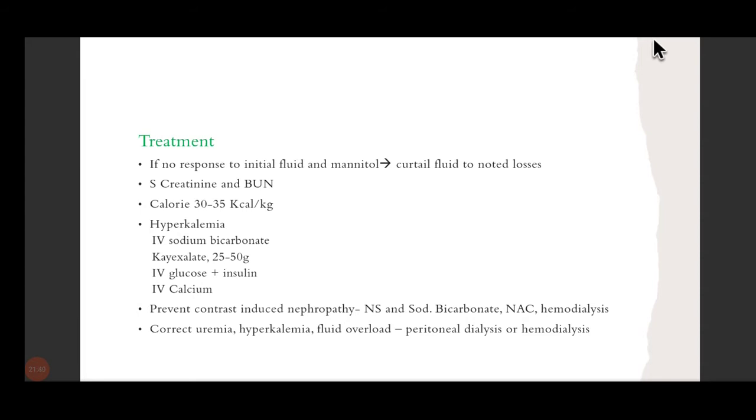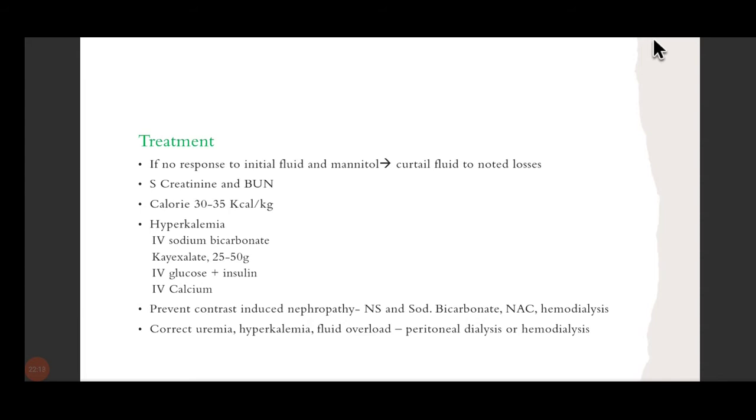In cases where you suspect the potassium levels are quite high, you give intravenous glucose and insulin and intravenous calcium to stabilize the heart, because there is always a risk of damaging the SA node with such high potassium levels in the body. So these are all the things that you will actually be doing in the wards, to manage a patient of hyperkalemia.